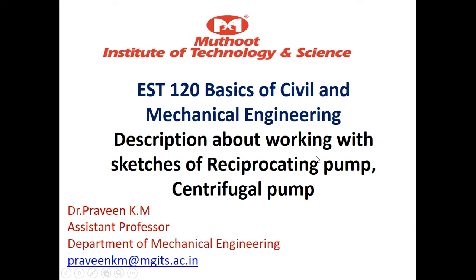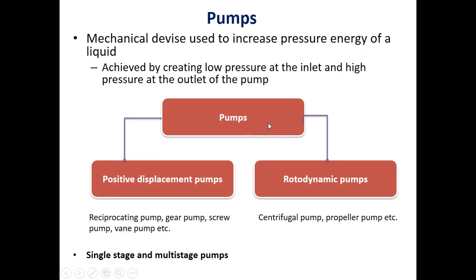So we can call pumps energy absorbing devices, or a mechanical device used to increase the pressure energy of a fluid or a liquid. So how can you achieve this? It can be achieved by creating a low pressure at the inlet and high pressure at the outlet of the pump.